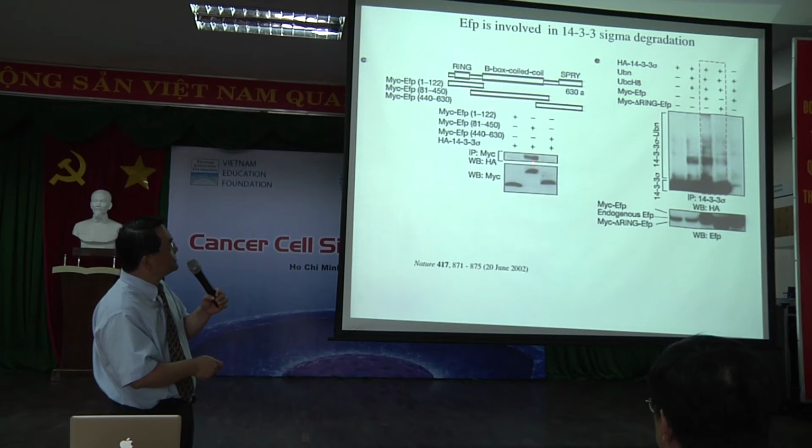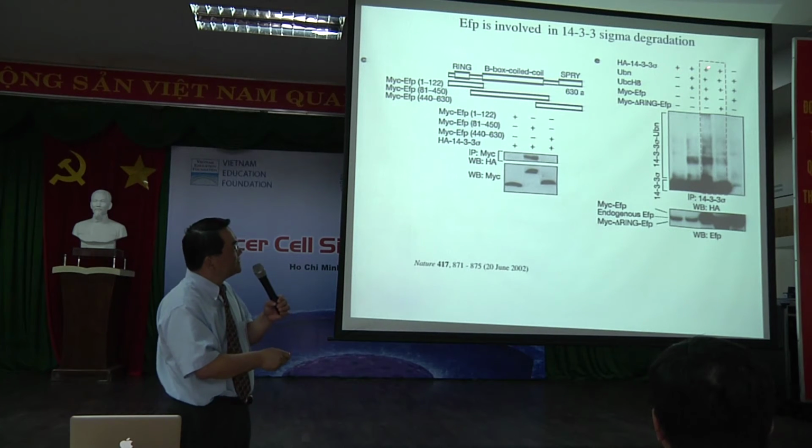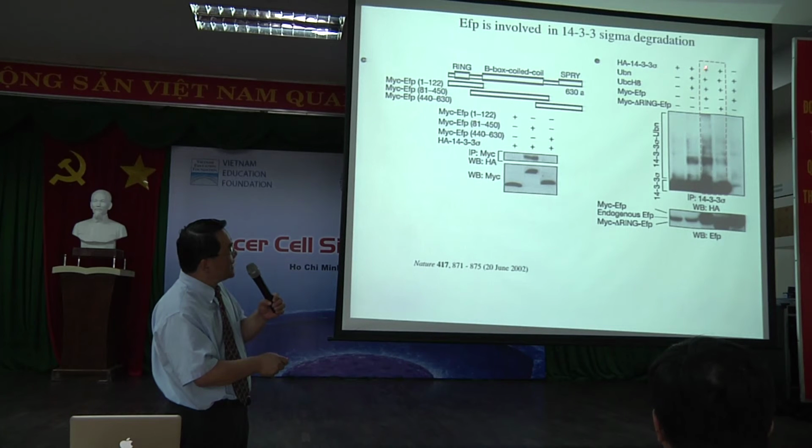Doing the co-IP experiment, knowing that EFP uses these residues here between 81 and 480, this is the whole EFP sequence, the middle part is used for interacting with 14-3-3 sigma. Sigma was ubiquitinated by the EFP.